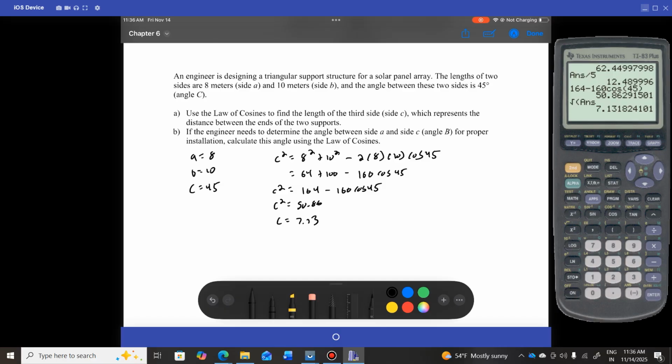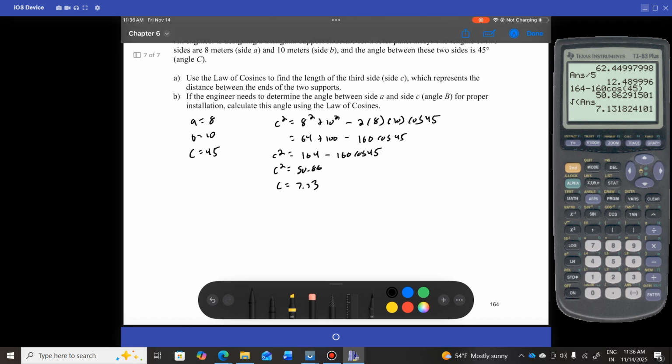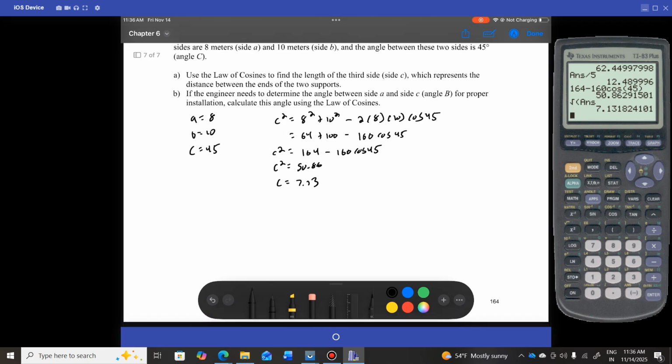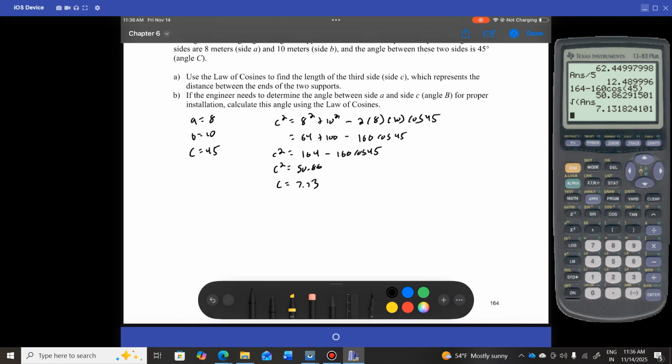All right. If the engineer needs to determine the angle between side A and side C, angle B, for proper installation, calculate this angle using law of cosines. All right, so since it says use law of cosines, we'll use law of cosines, but we do have everything, we could use law of sines.